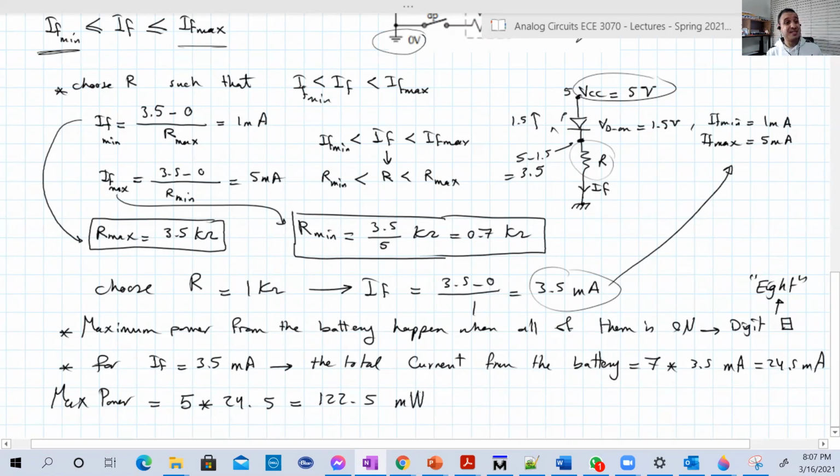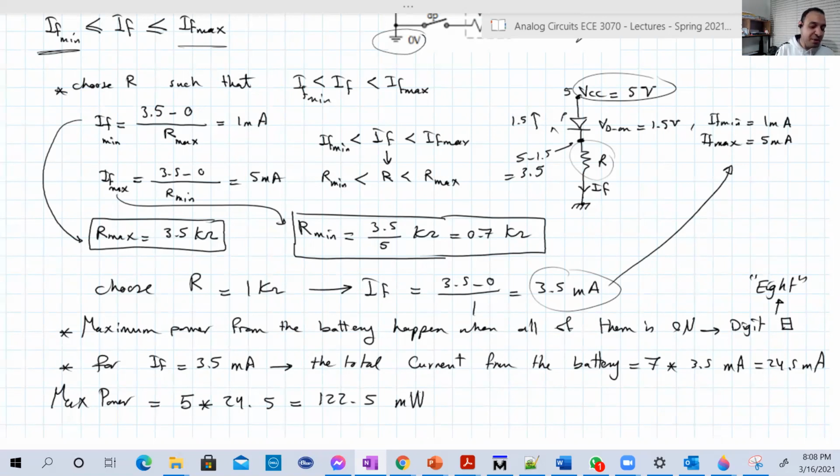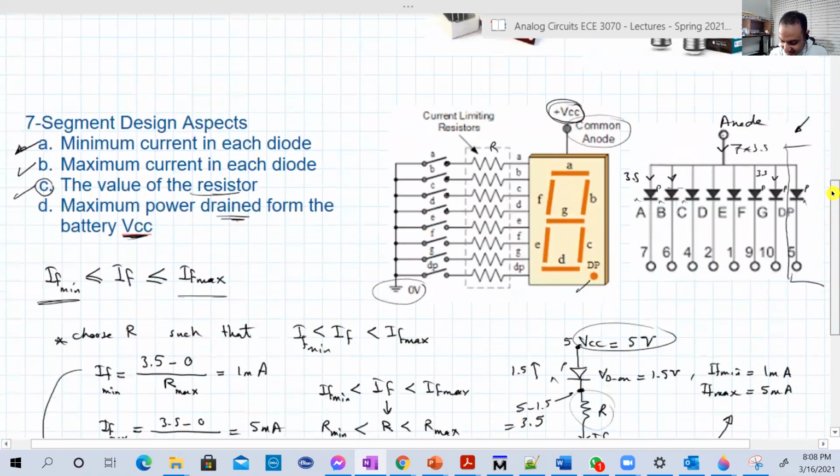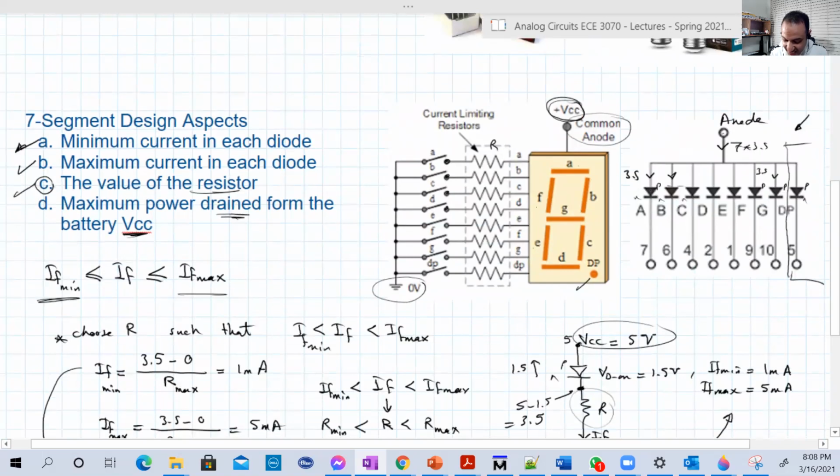So that's basically the maximum power that your circuit will drain out of the battery. The minimum power, of course, happens when you just have the minimum number of LEDs that can light at the same time. And of course, this will not happen when you have 0, because if you have 0, this means A, B, C, D, E, F are all lighting.